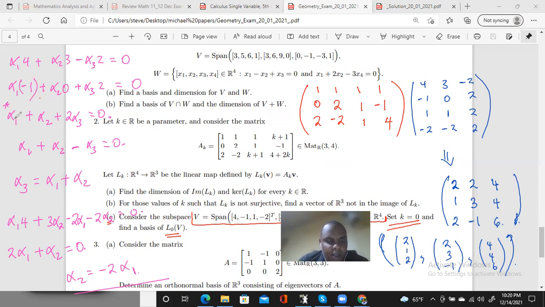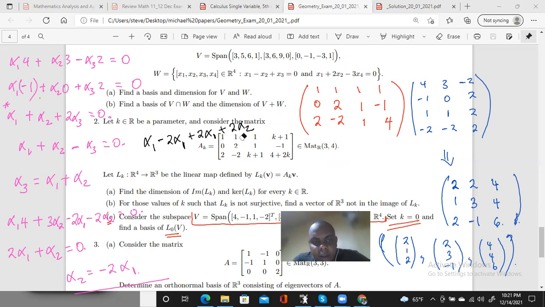So alpha 1 is alpha 1, right? And then alpha 2 is minus 2 alpha 1. And then alpha 3 is alpha 1. So this is plus 2 alpha 1 plus 2 alpha 2. But alpha 2 is minus 2 alpha 1.